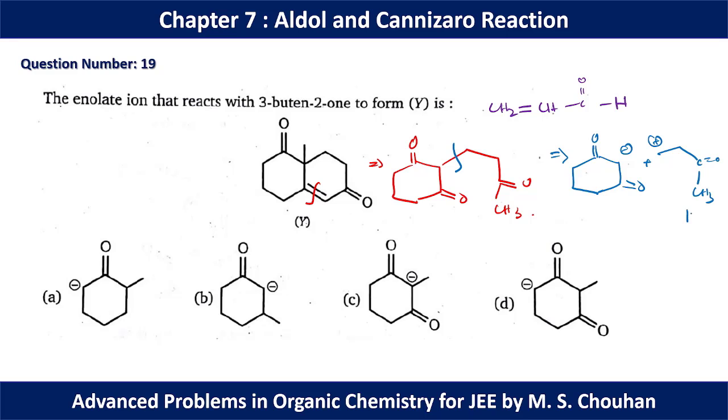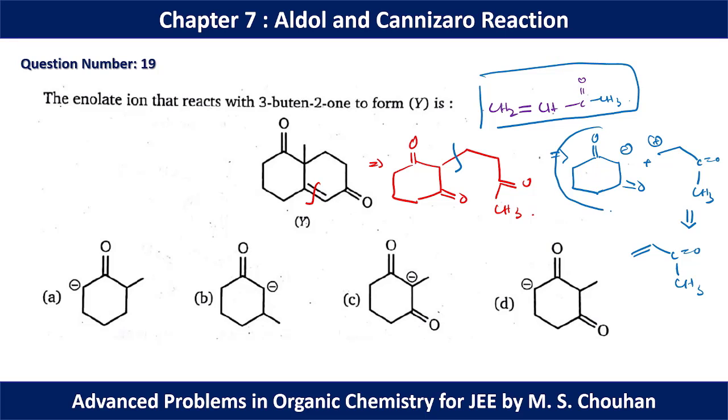Now we can do again retro thing to have this kind of molecule, which is basically this one. So we have started with the wrong molecule. This should be the initial molecule. Very sorry. Okay. So now we can say that the enolate should be this one to have the final product like this. So for question number 19, the correct option is option C.